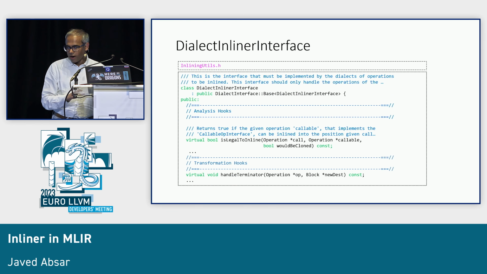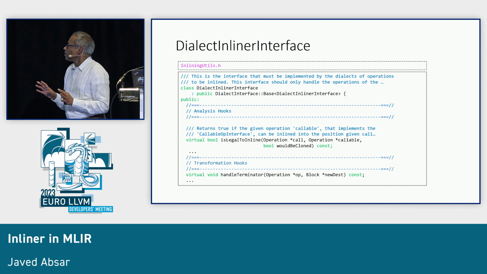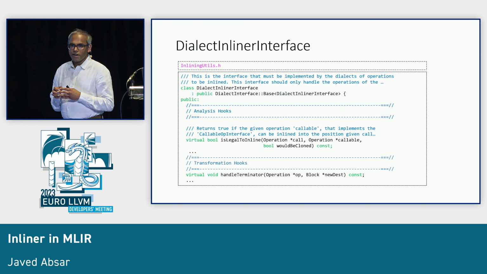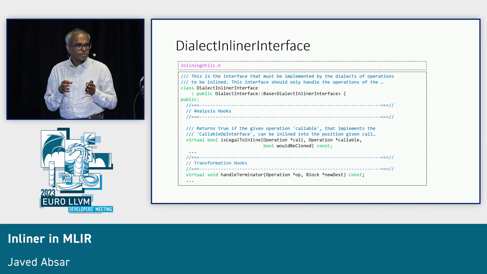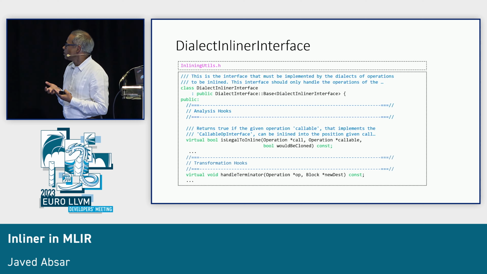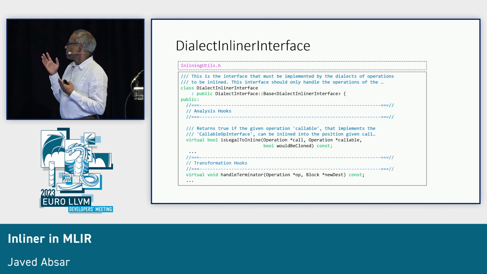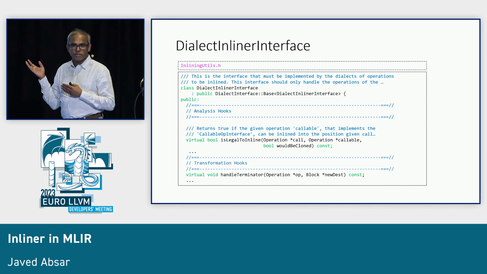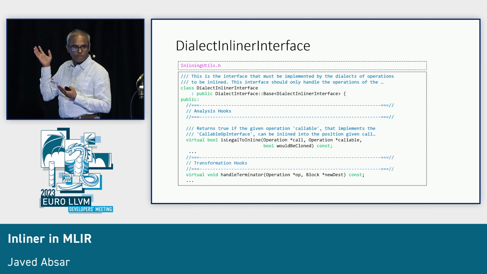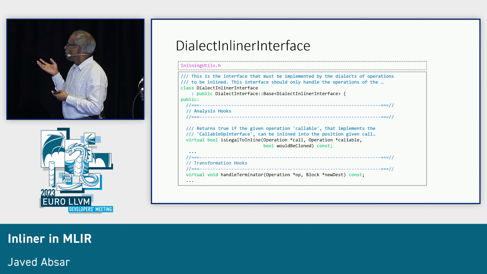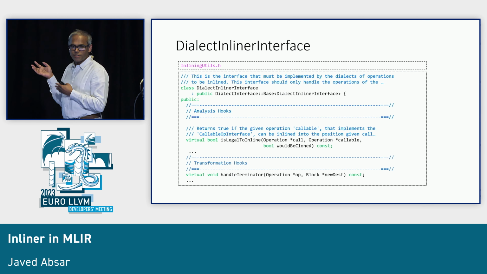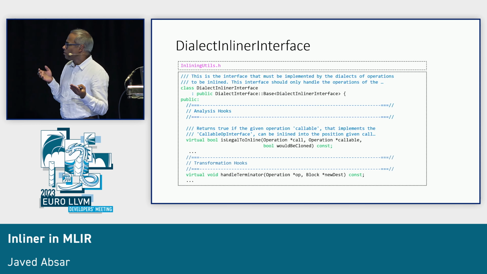Now we'll see how actually it's done. So I'm writing the inliner transformation, or any transformation. So I define the interface. So there you have it, the DialectInlinerInterface. It's an interface defined by the inliner. That's why you have the InliningUtils.h, where it's defined. It inherits from the dialect interface. So it's an interface, but an interface for the inliner, defined by the inliner, right?